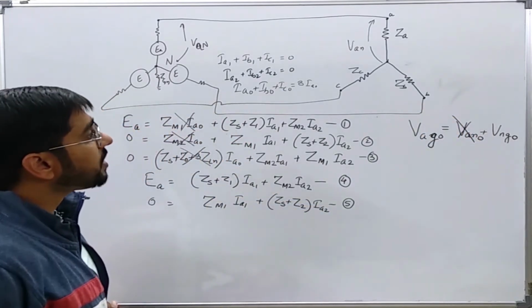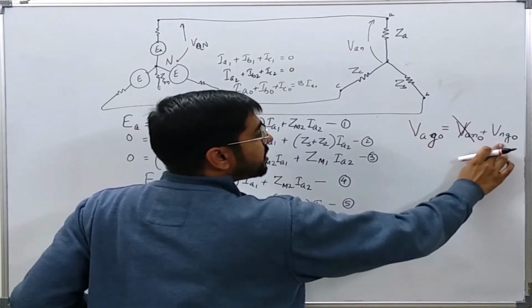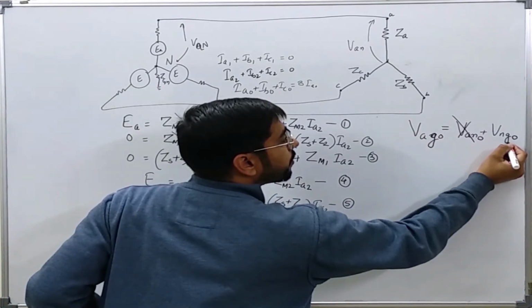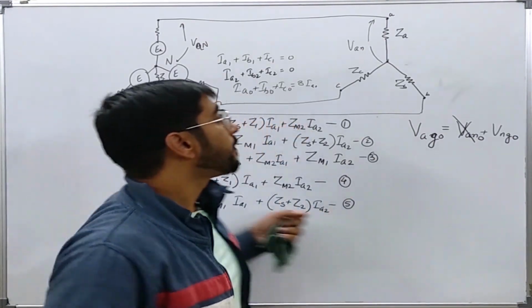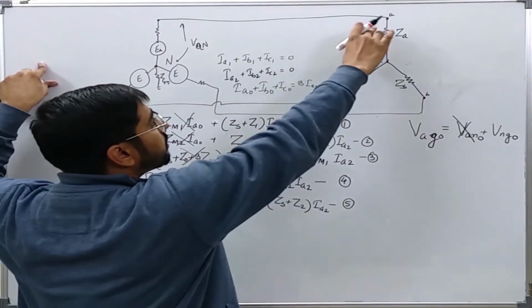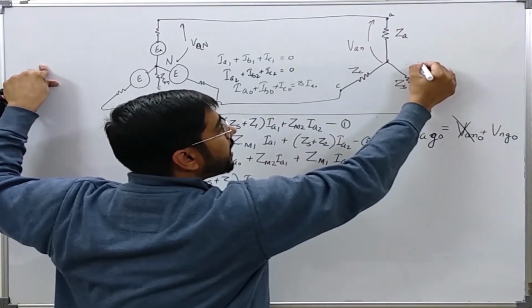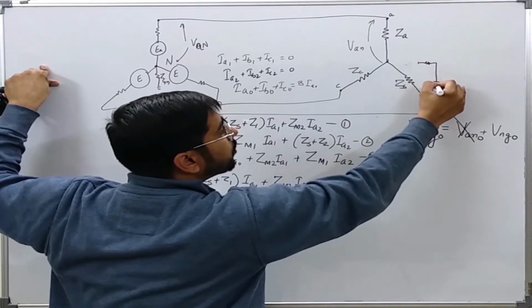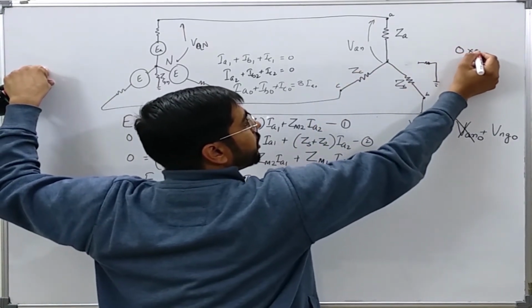But there is an issue now, that this VNG0, we don't know what its value can be, because there is no zero sequence current flowing, it is 0, and this impedance is infinite with respect to ground. So the voltage drop is 0 into infinity.